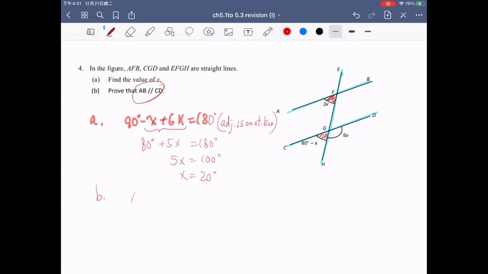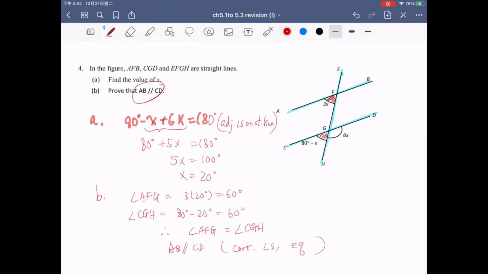So we have angle AFG is 3 times 2x, 60 degrees, and angle CGH is the same. So we can say AB parallel CD. Reason: they are corresponding angles.